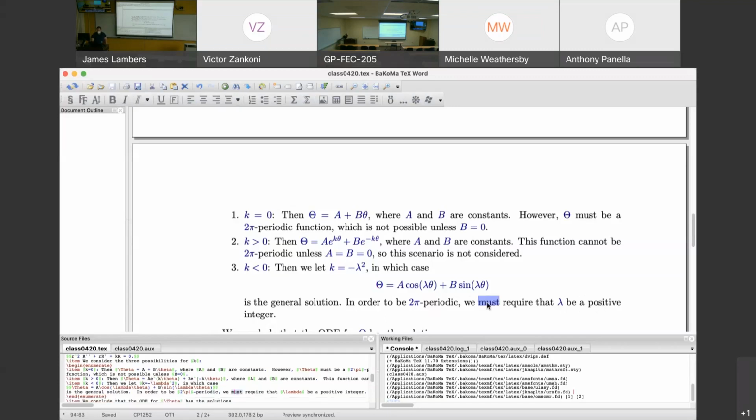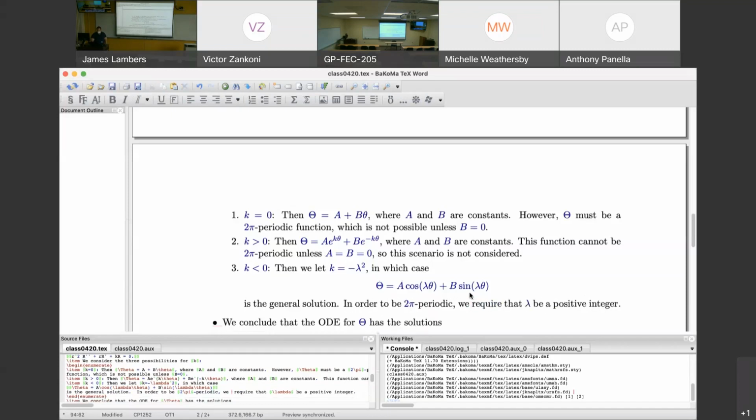All right. If we allow lambda to be non-negative, then that would also account for this case. As I mentioned earlier, that would produce at least a solution.